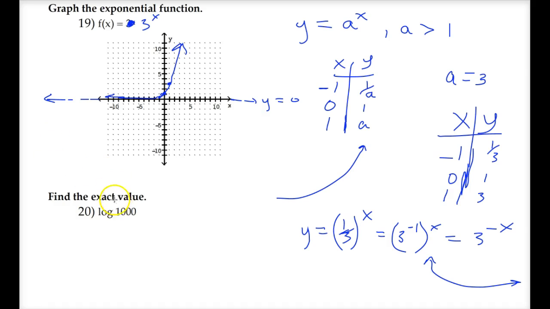So number 20 is dealing with a logarithm. I'm going to put this in parentheses just to make sure that we know what we're taking the logarithm of. From the videos that we reviewed, we know that logarithms are the inverse of exponentials. And so if we can rewrite what's on the inside of the logarithm in terms of powers, we could simplify this logarithm without needing a calculator.